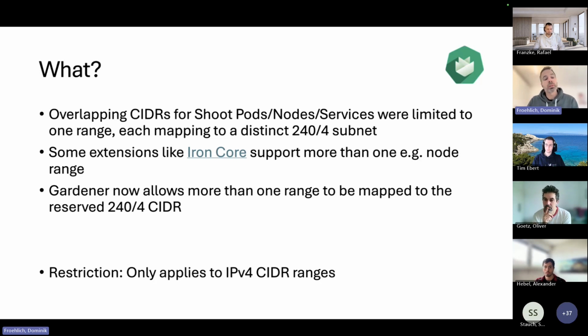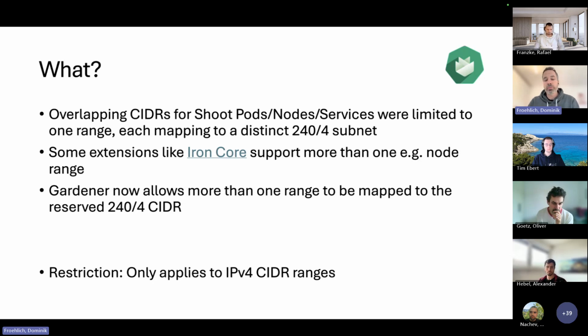And the Iron Core people approached us and asked if we could unblock them, basically, because up until now we only mapped exactly one shoot pod range, one node range, and one service range to exactly one /8 CIDR range. And this is now changing.